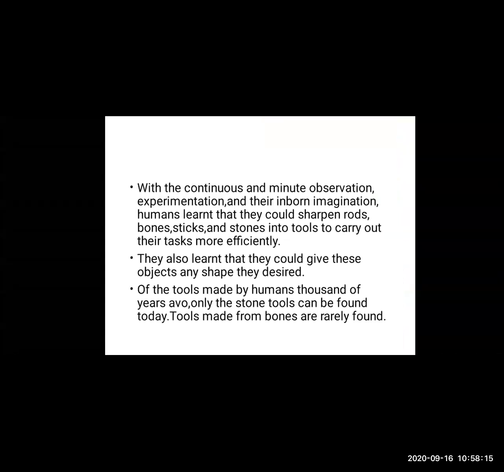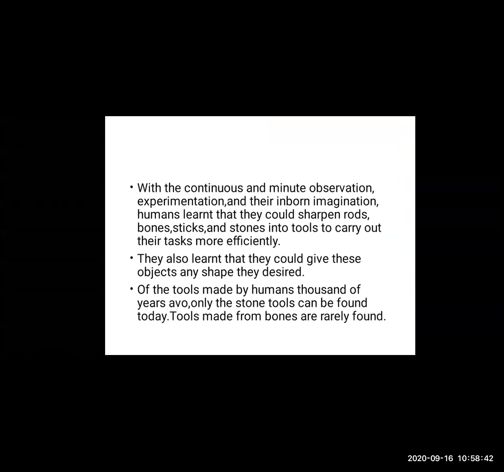With continuous and minute observation, experimentation, and their inborn imagination, humans learned that they could sharpen rods, bones, sticks, and stones into tools to carry out tasks more efficiently. If you want to learn something new, you will minutely observe how it can be learned.